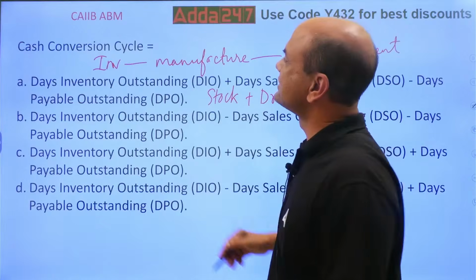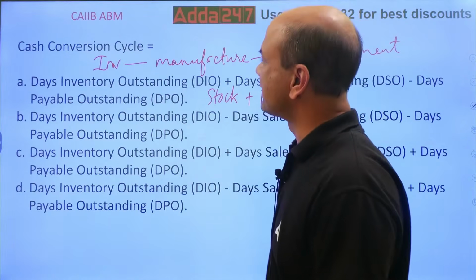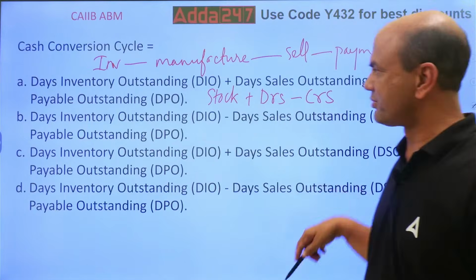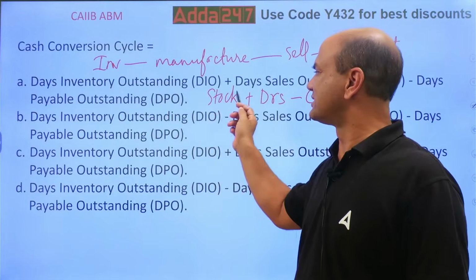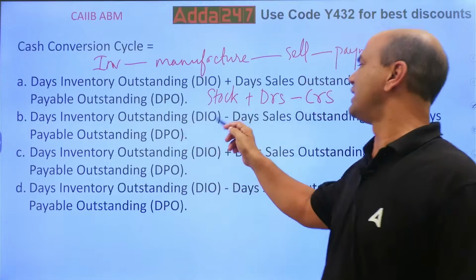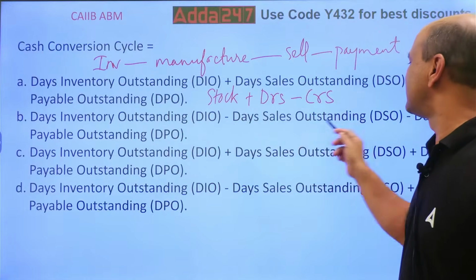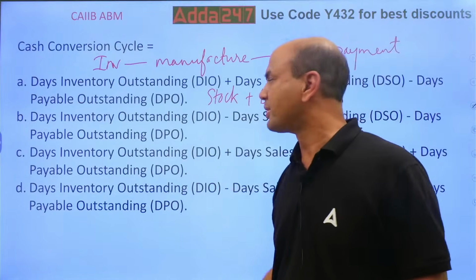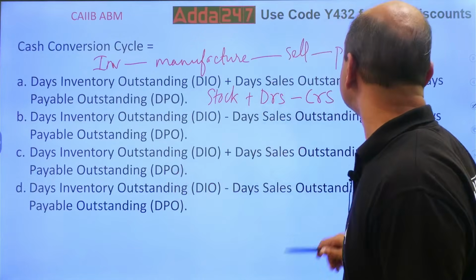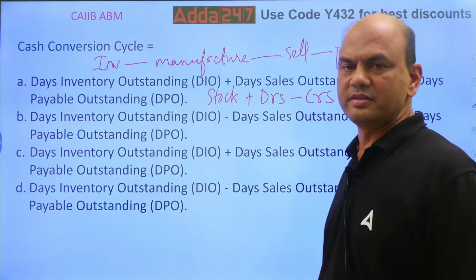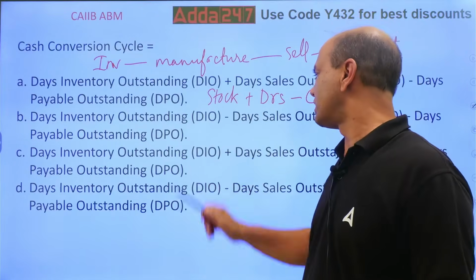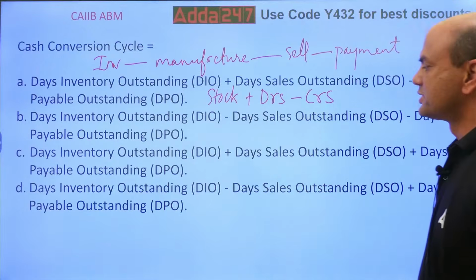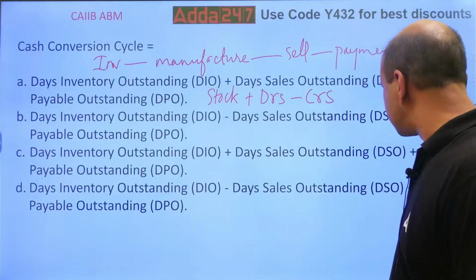So the formula is cash conversion cycle equals stock plus debtors minus creditors. Or stock minus debtors minus creditors, or stock plus debtors plus creditors, or stock minus debtors plus creditors.